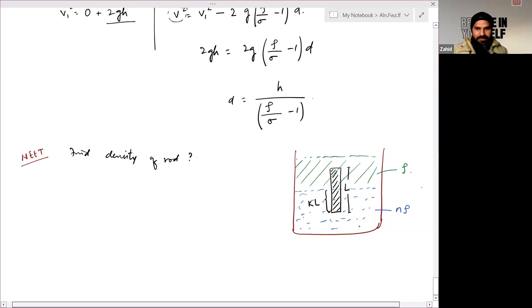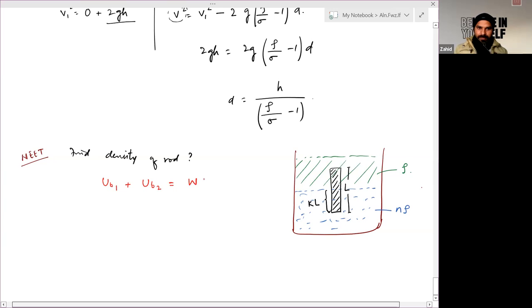Since we have two different types of liquid, there will be two different buoyant forces acting on this object, and they always act opposite to gravity, so in the upward direction. So the net force acting on this object will be buoyant force due to the first liquid and buoyant force due to the second liquid, and these two forces will cancel out the effect of weight.